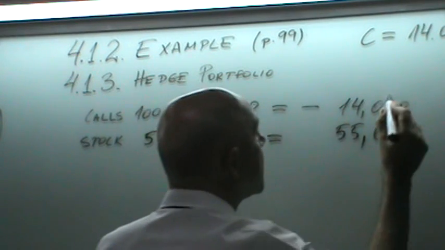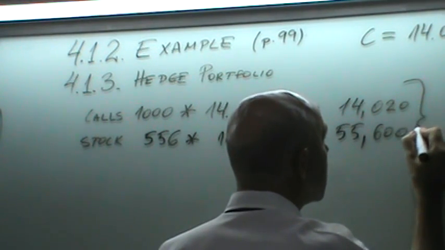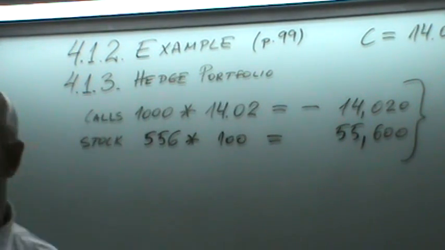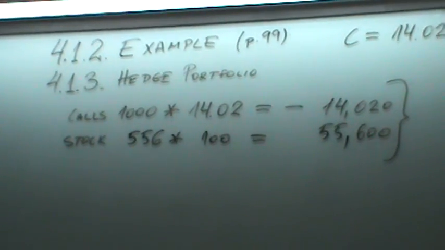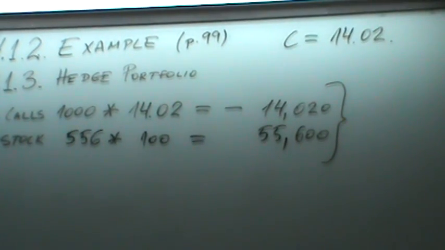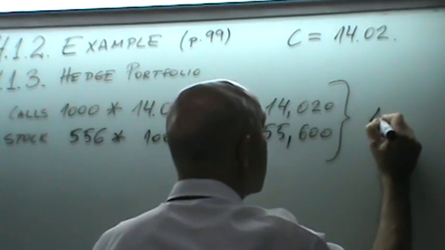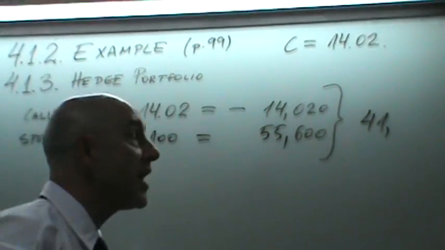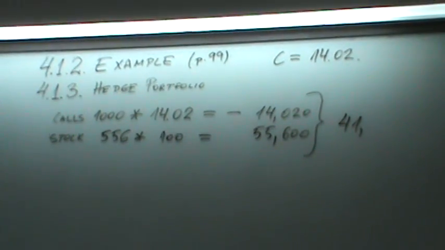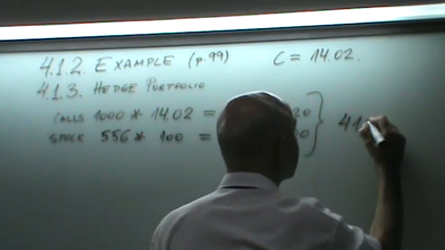So our hedge portfolio is going to have a total outflow of 41,580.